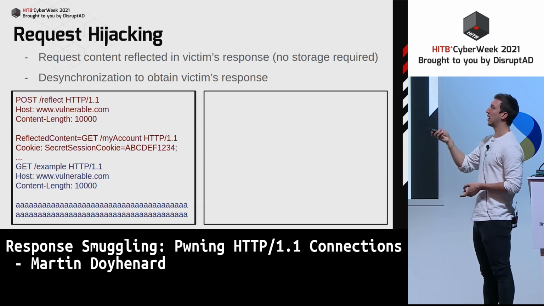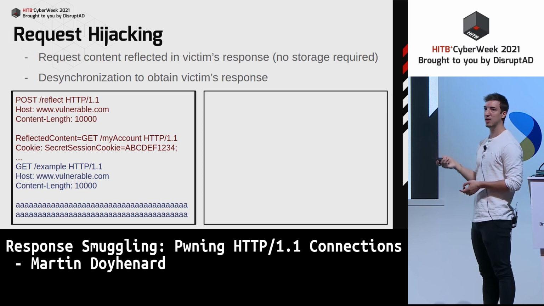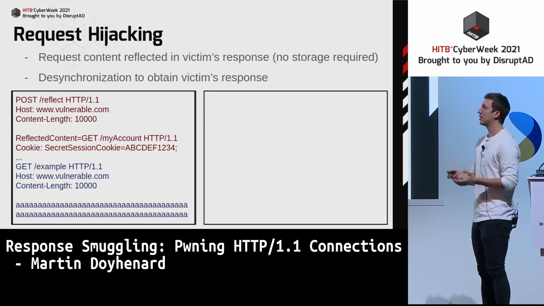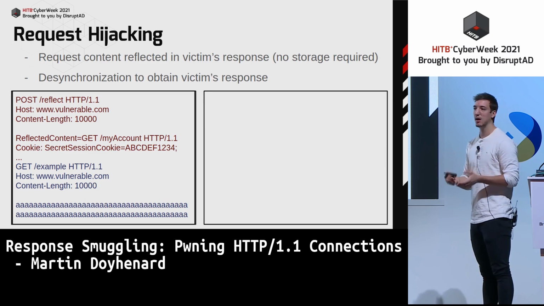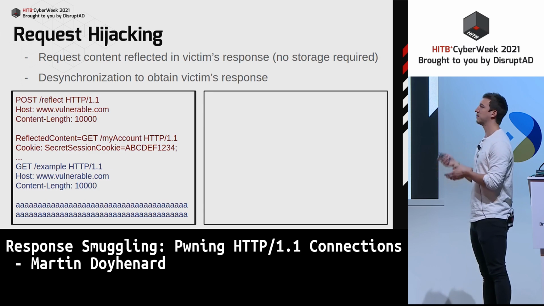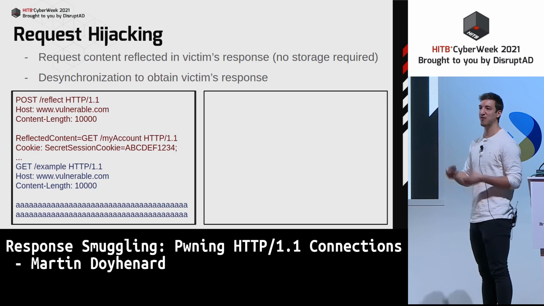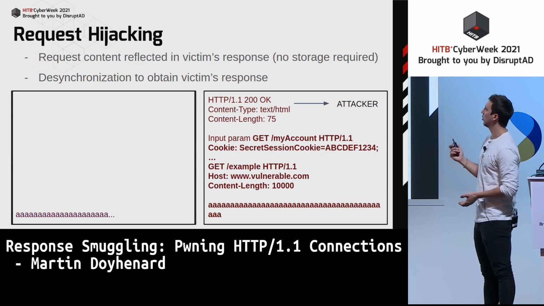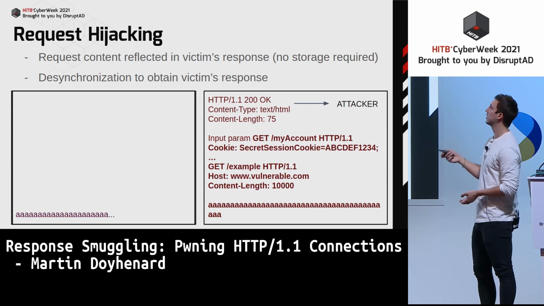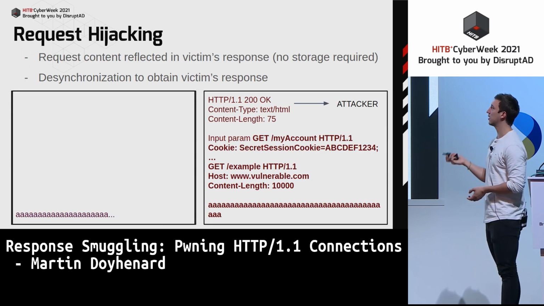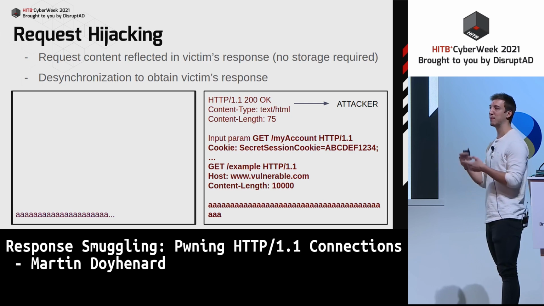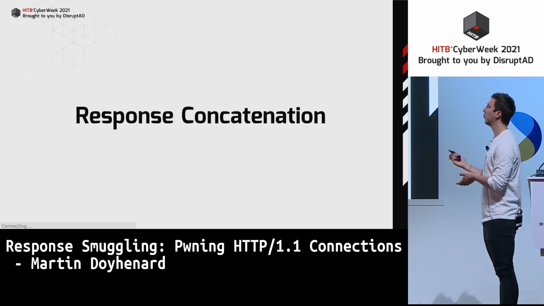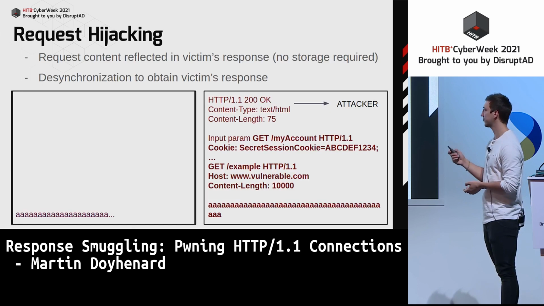If you see, I use a big content length here, and that is to allow the attacker to send extra data that will also be concatenated, and to avoid the backend creating the response before the new data is retrieved. So this will create a new response containing the request of the victim, but as I'm able to desynchronize this, the attacker will then receive this response.